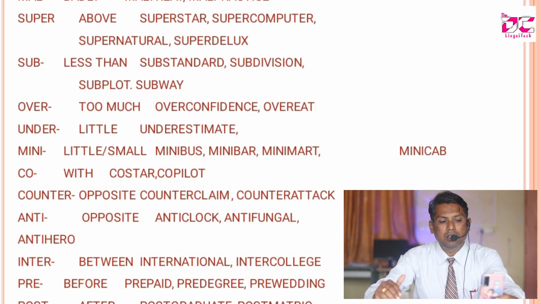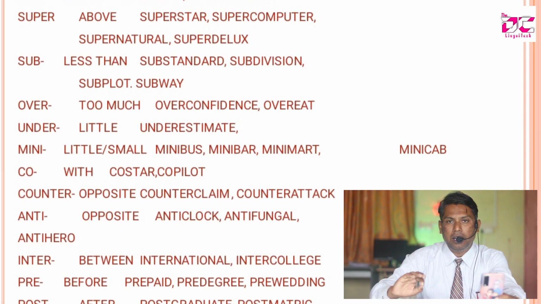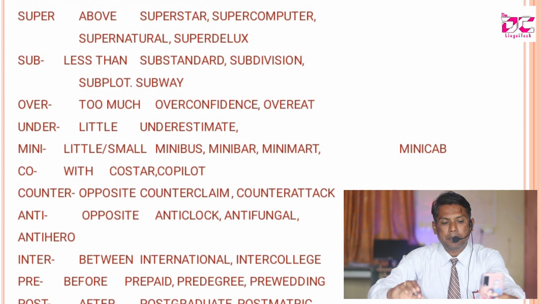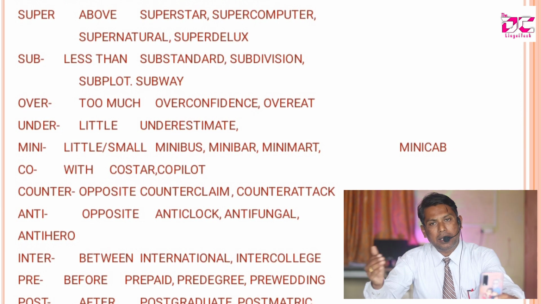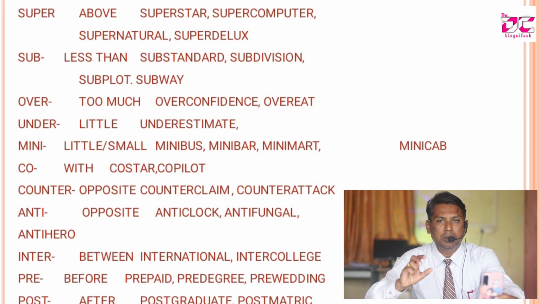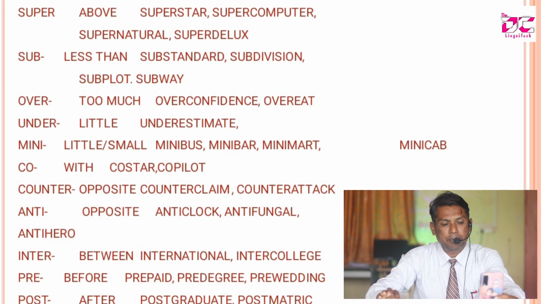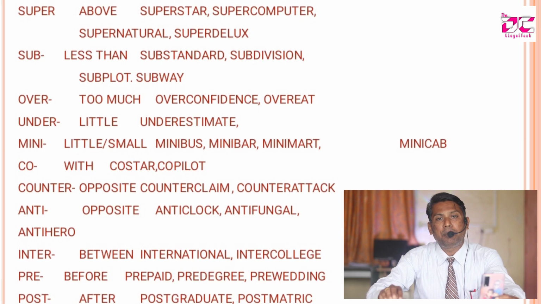Next one is pre. Pre does mean before, like prepaid, pre-degree. Most of the restaurants are prepaid restaurants where we pay the bills, we take the coupon, and on the basis of the coupon we get the food. Even we have pre-wedding.